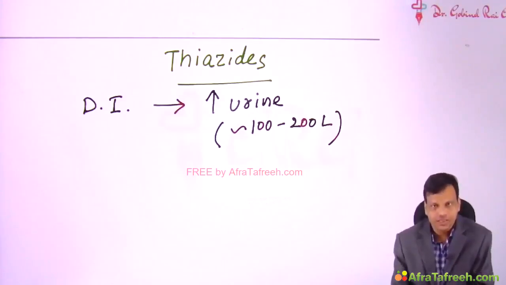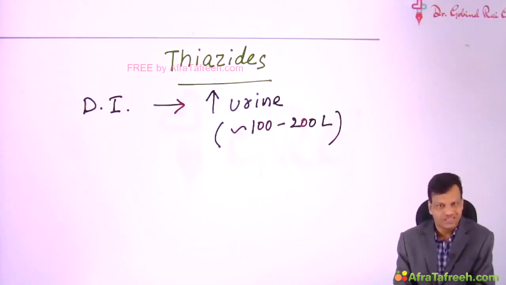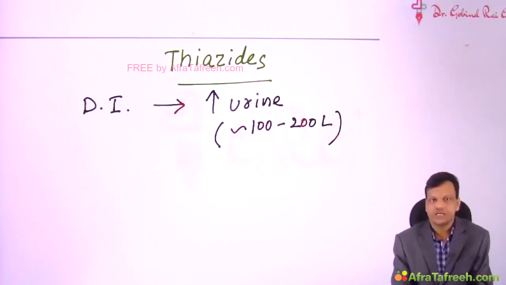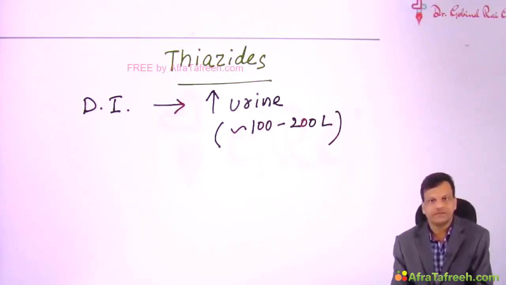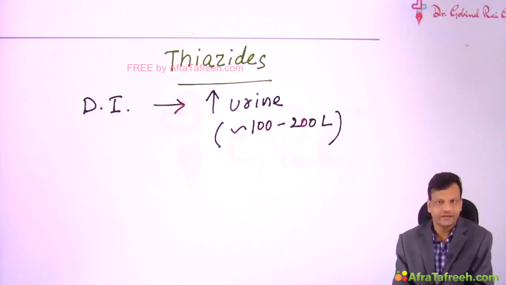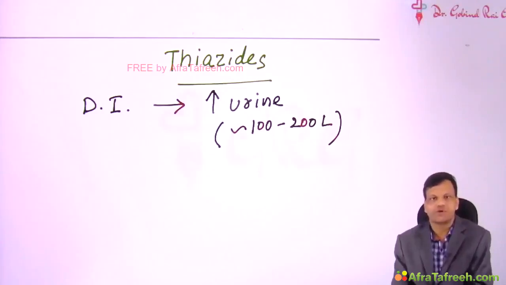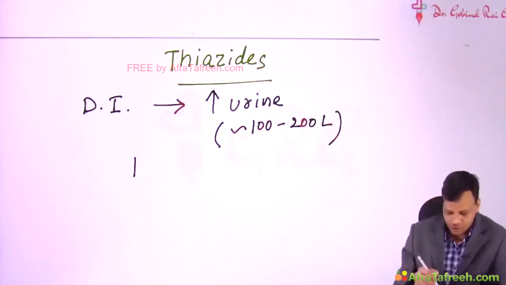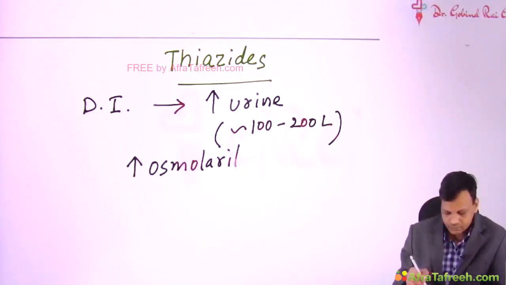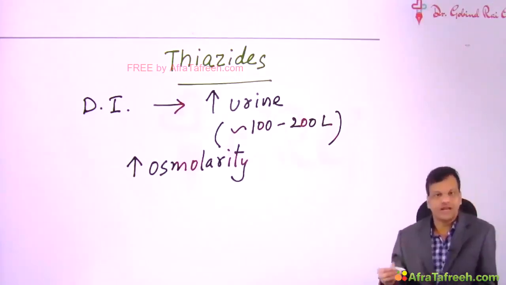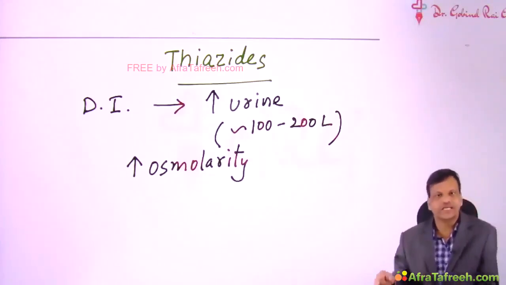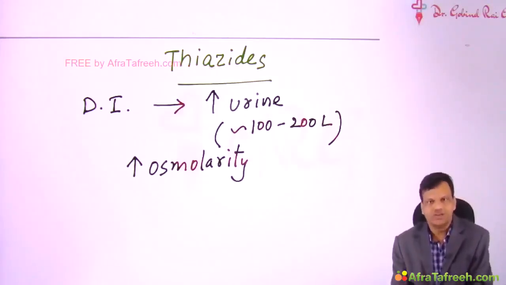So what happens is, in these patients of diabetes insipidus, ADH is not working. So water cannot be retained. So when water is not retained, the plasma becomes hyperosmolar. So plasma hyperosmolarity increases. Now whenever plasma osmolarity increases in a normal person, we have two mechanisms to compensate.